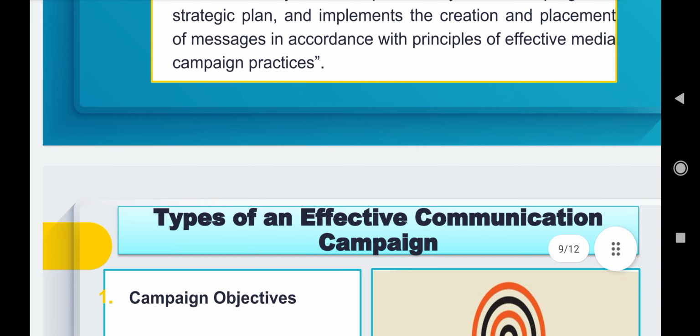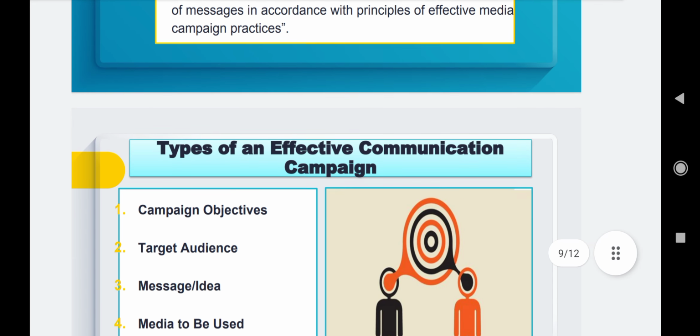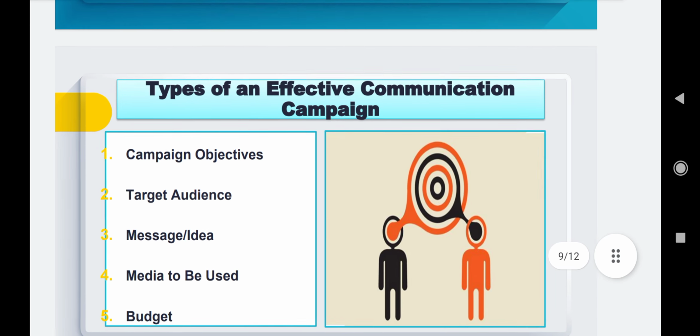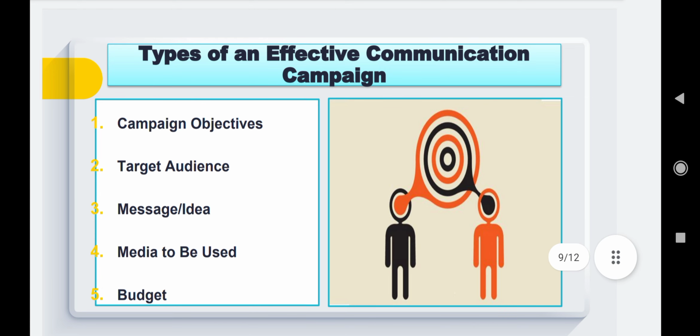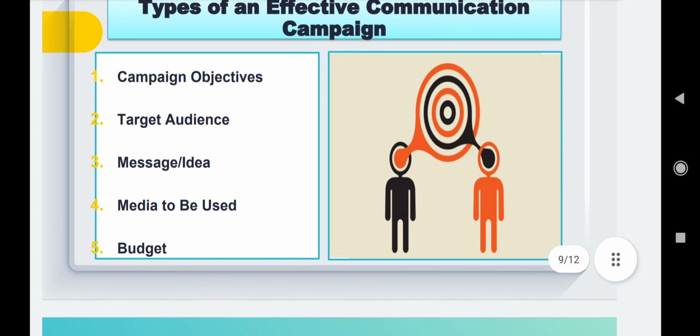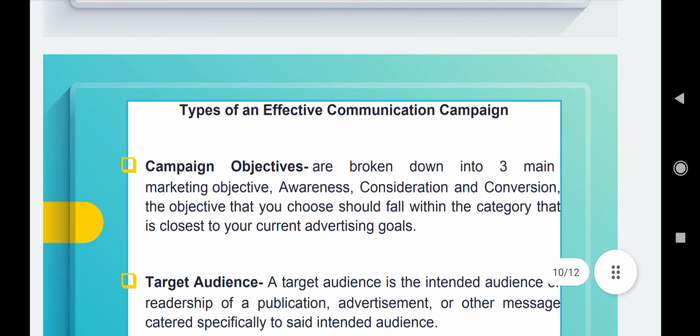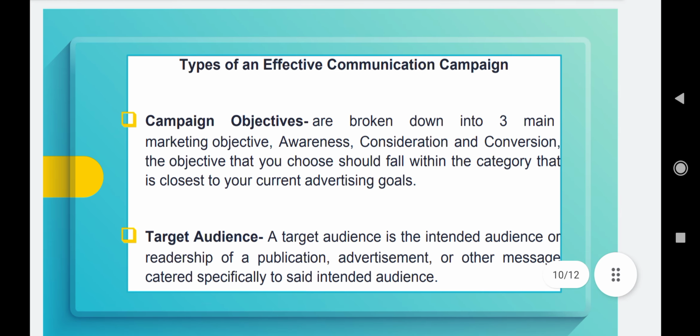The first component is campaign objectives. Campaign objectives are broken down into three main marketing objectives: awareness, consideration, and conversion. The objective that you choose should fall within the category that is closest to your current advertising goals.